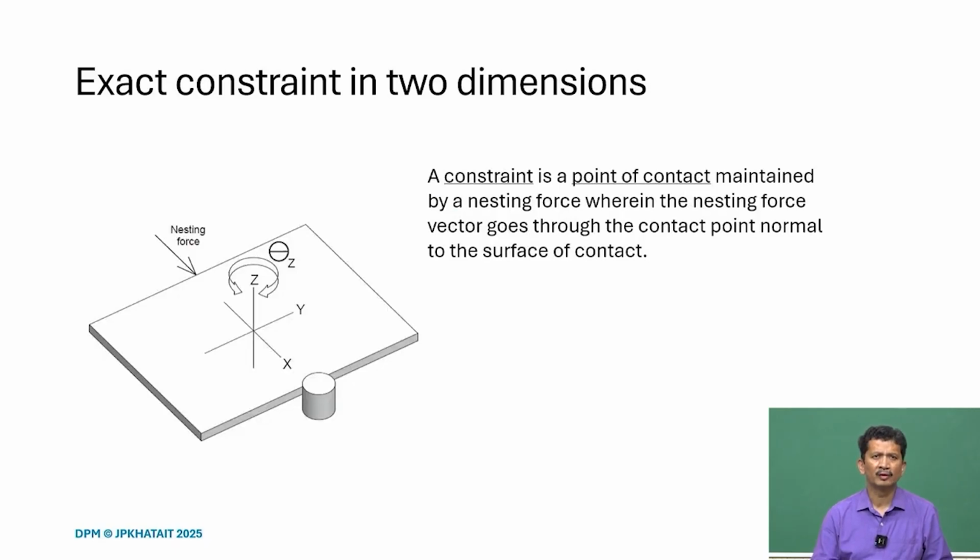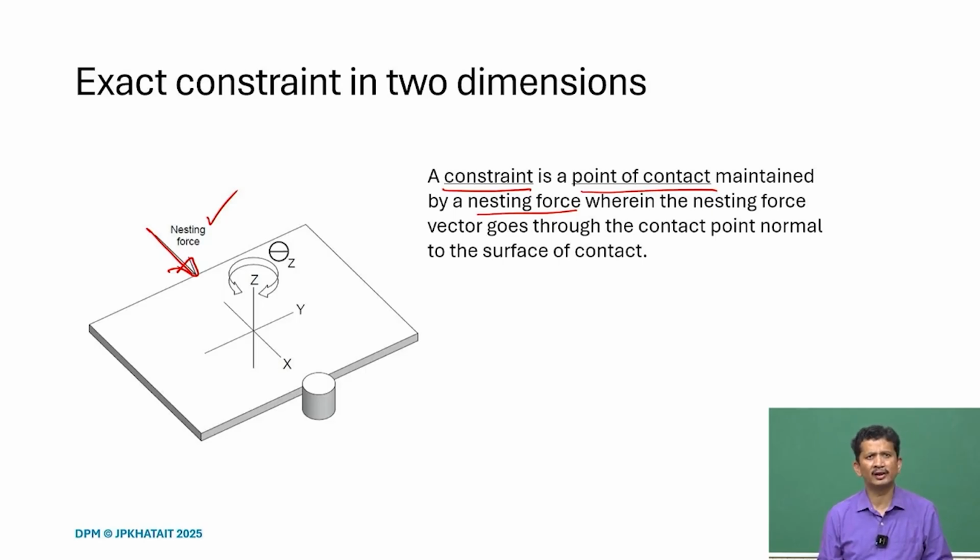So, if we provide a constraint or any contact, what will happen? First we would like to define a constraint, and what it says is a point of contact maintained by a nesting force. So, there is a nesting force concept here. Nesting force is some force defined so that the contact is always made.